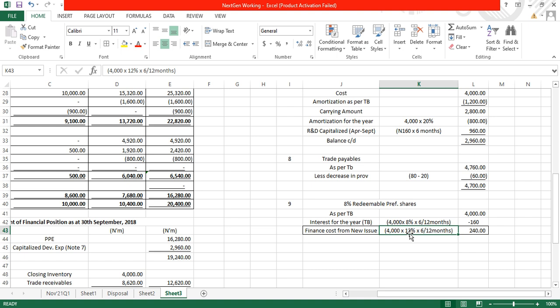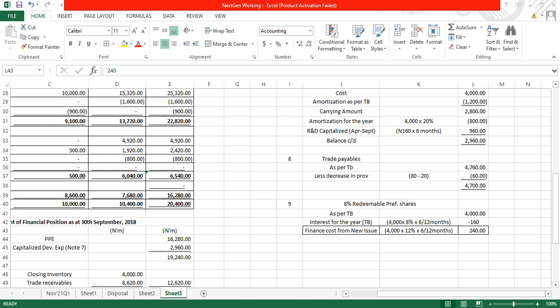So this 12% is like an effective interest rate for the remaining 6 months. Do you understand? This is for the remaining 6 months. I hope you are with me, sir.